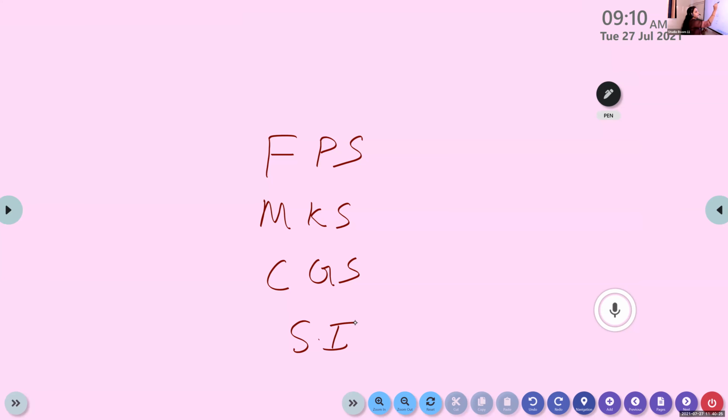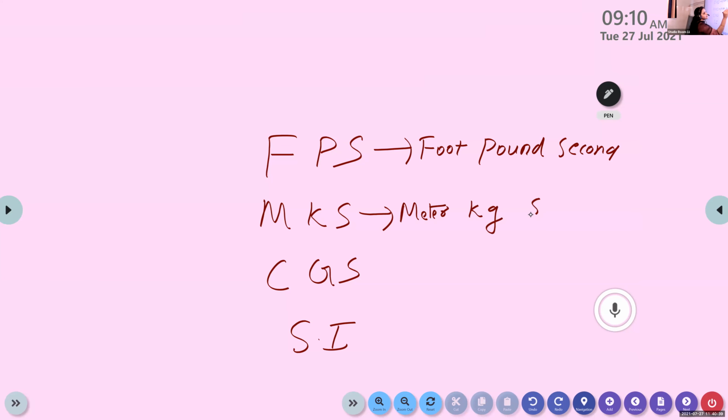So FPS system means foot pound second. MKS system means meter kilogram second. CGS system means centimeter gram second.